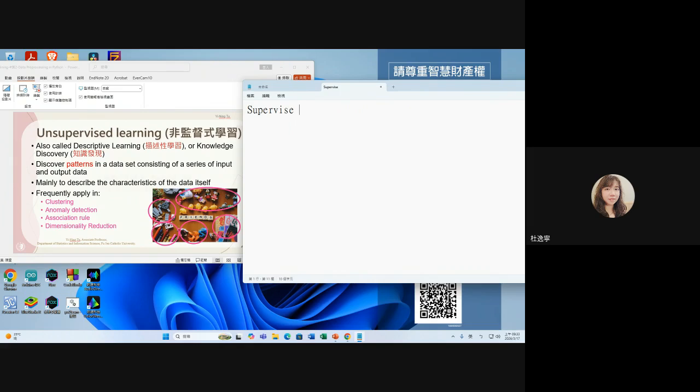Supervised learning, right? We call that classification, right? And I give the Chinese. So it's also the predictive learning. So this is for 预测式学习.